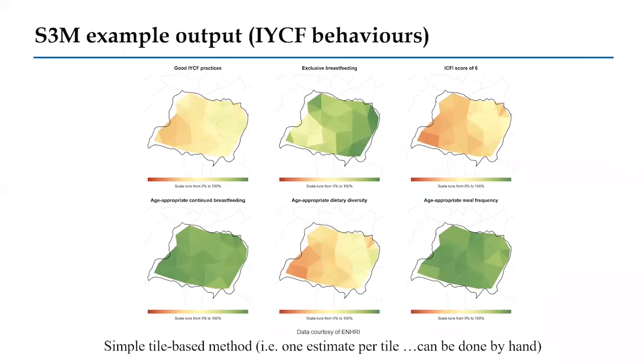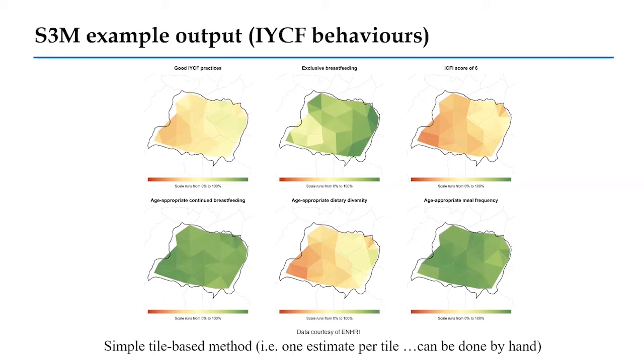So here's some examples. This is IYCF behaviours, and here we can see that if we look at good IYCF practices, this is using the ICFI indicator set, but if we were to use the WHO indicator set, we can think that good IYCF practices is people meeting the minimal acceptable diet, the MAD indicator.